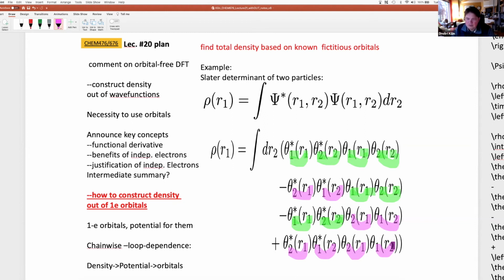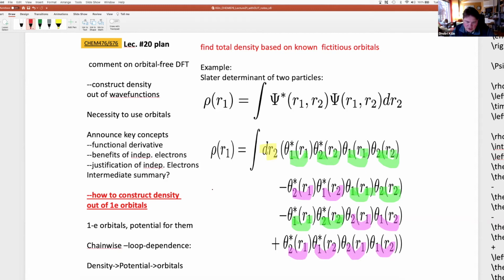Okay, so we just multiply things. After we perform this multiplication, we need to integrate over R1 everywhere it appears. While performing this integration, I'm going to use the orthogonality property.